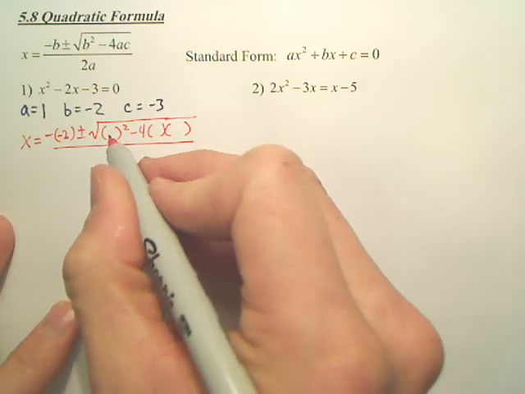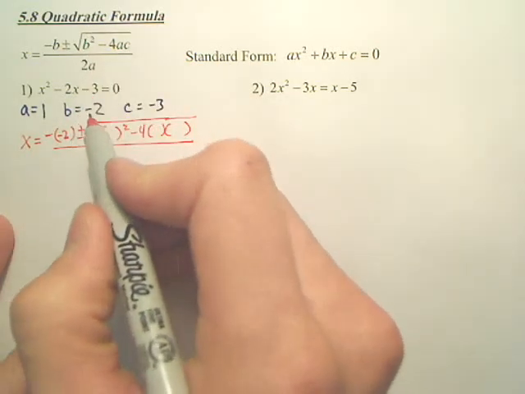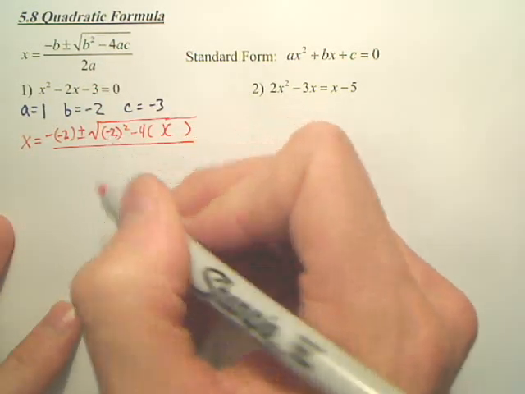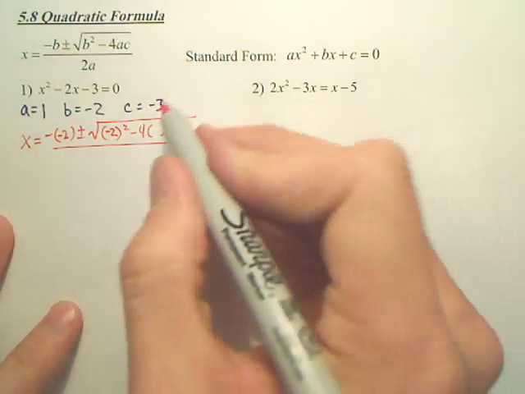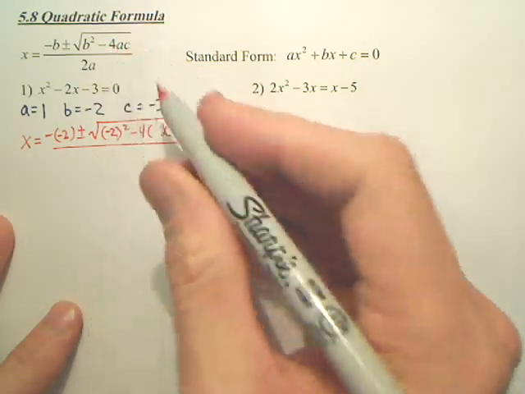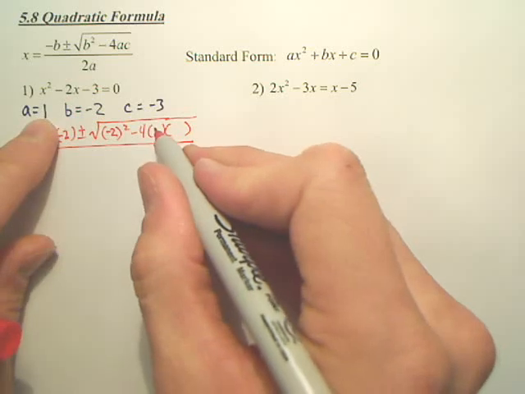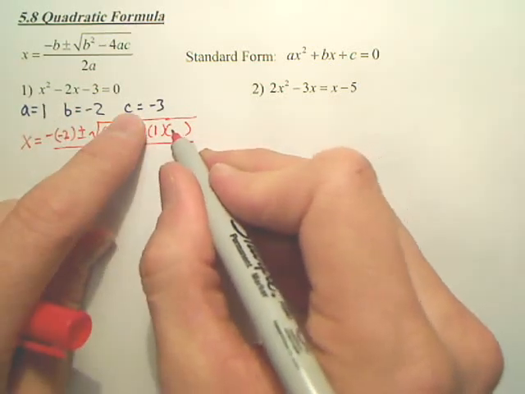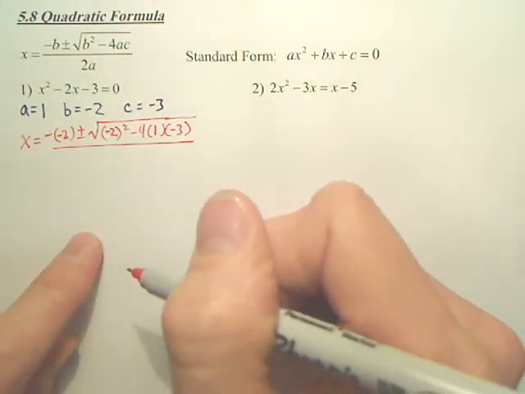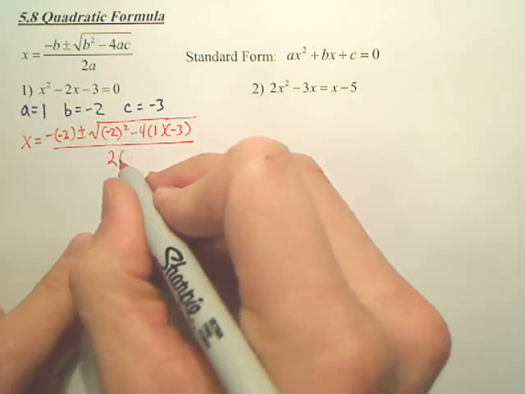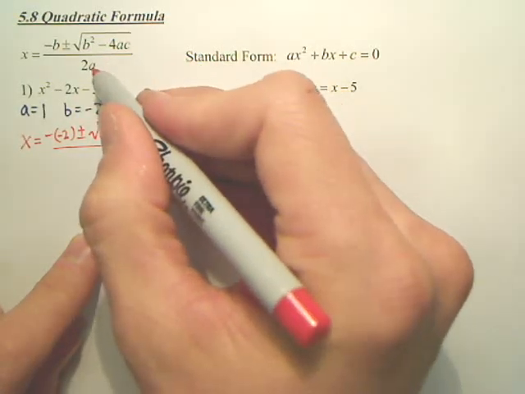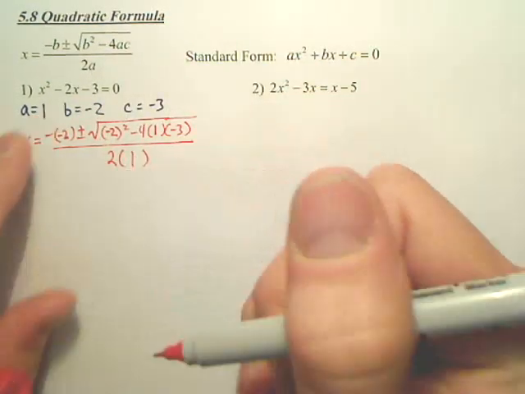Let's see, what goes right in there? Well, it looks like a b squared. B is negative 2, so negative 2 goes in for b. And it says 4ac. So a is 1, and c is negative 3. Divided by 2 times a, and a looks like 1.